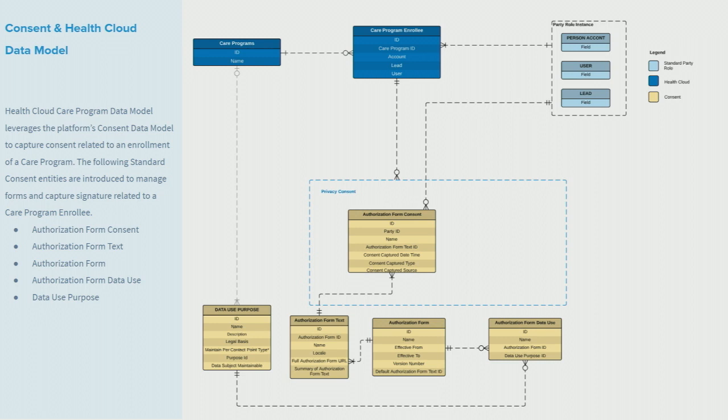What Health Cloud is doing is leveraging the consent data model by tying our care programs to a data use purpose entity, which rolls into the consent data model. And we would record an authorization form consent record every single time consent is provided during the enrollment process.